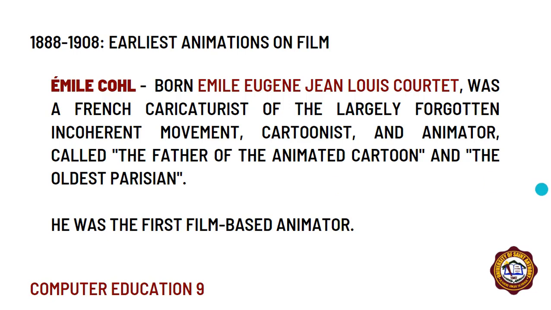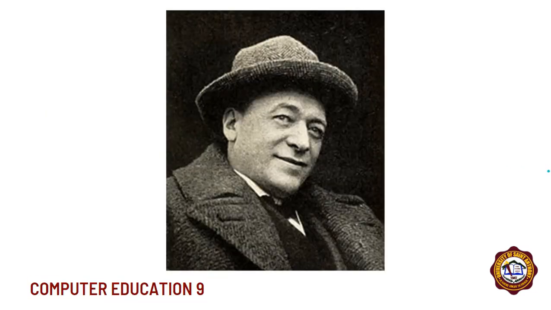So kung si James Stuart, father of American animation, si Emile Cohl naman was the father of animated cartoon. Okay? Yung kanina, si James Stuart, American. So, si Emile Cohl naman, animated cartoon. Okay? So, he was the first film-based animator. Ito siya. Ito yung itsura niya. Ayan. So, baka merong nakakilala sa inyo kay Emile Cohl.